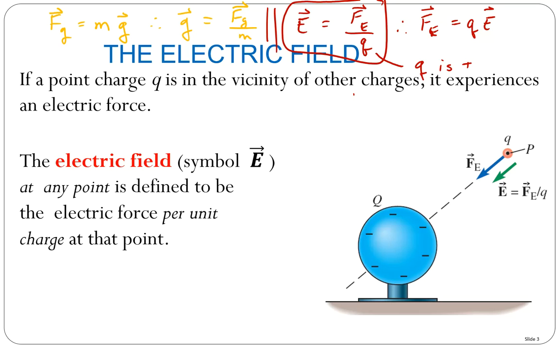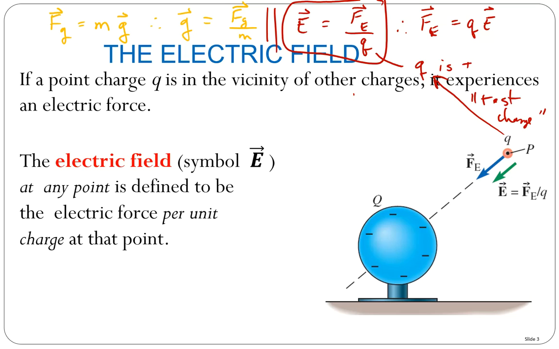So what is q? Notice here we have a capital Q and a lowercase q. The lowercase q is what we call a test charge. And you're like, test charge? I don't like tests. The test charge is, in all cases, a theoretical charge.